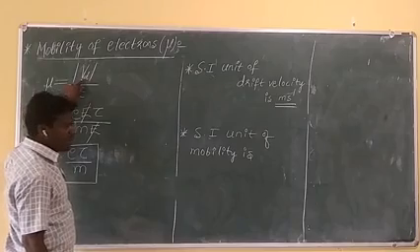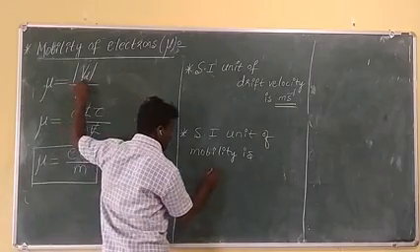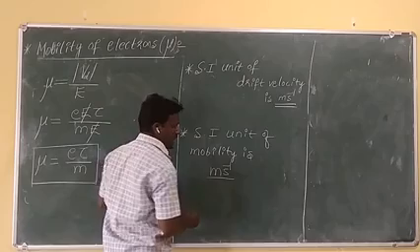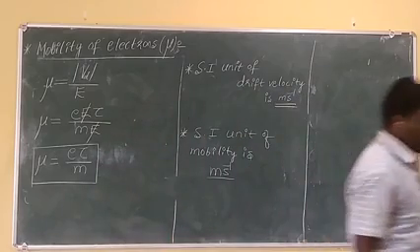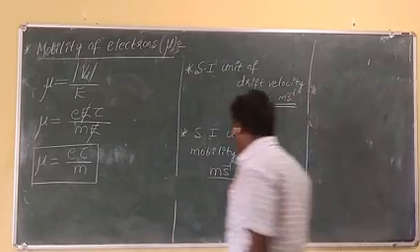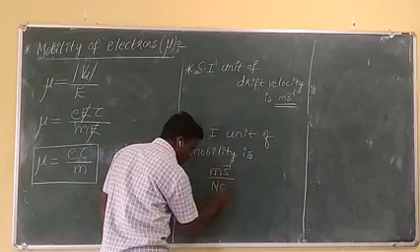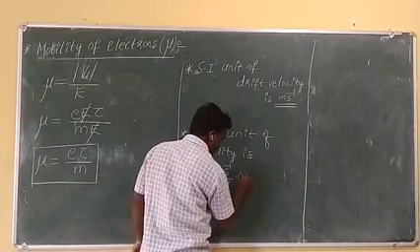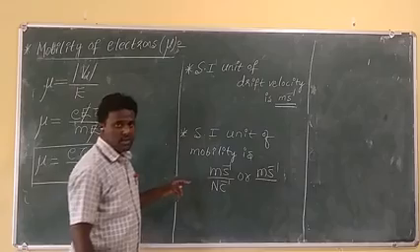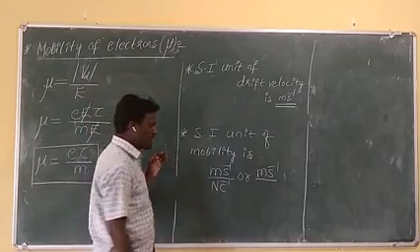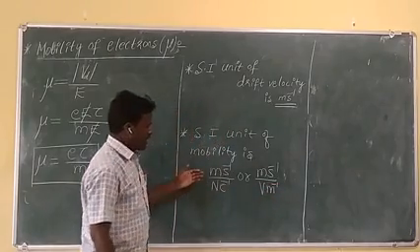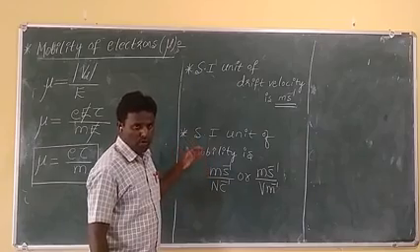In the numerator you are using drift velocity, whose unit is meter per second, divided by electric field. For electric field there are two formulas. One is Newton per coulomb, and volt per meter is also one of the units.